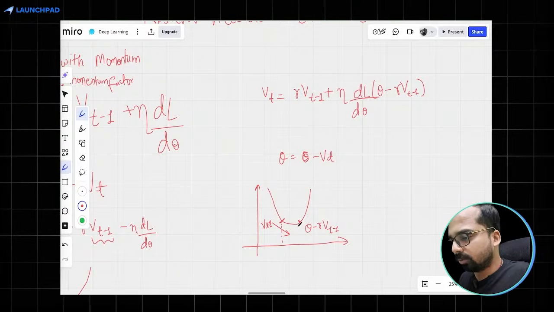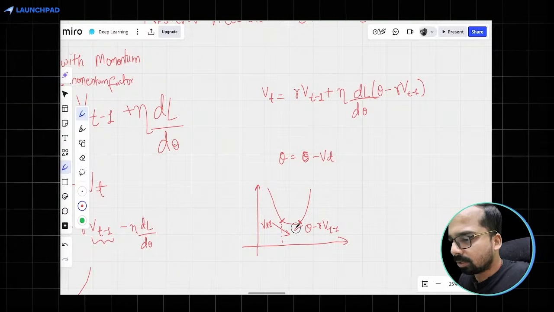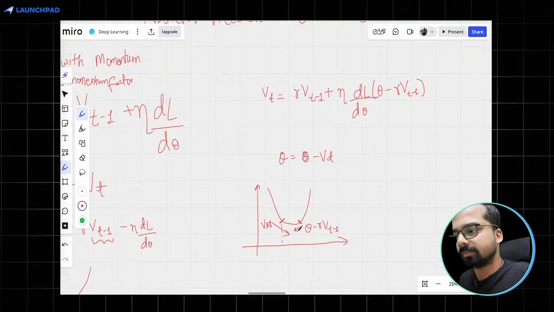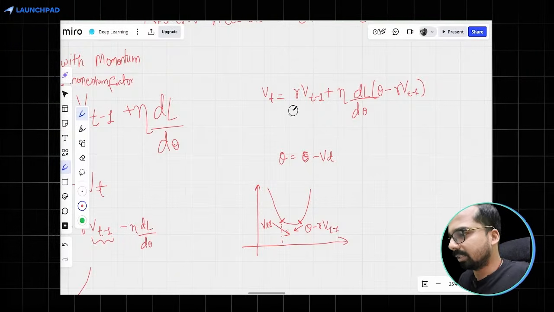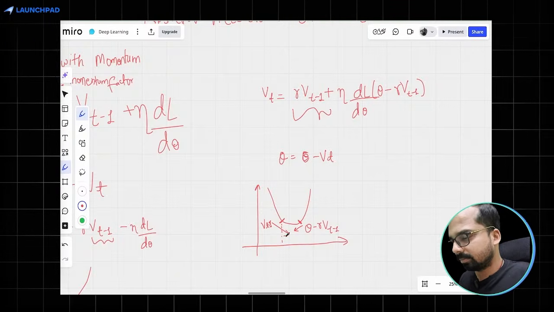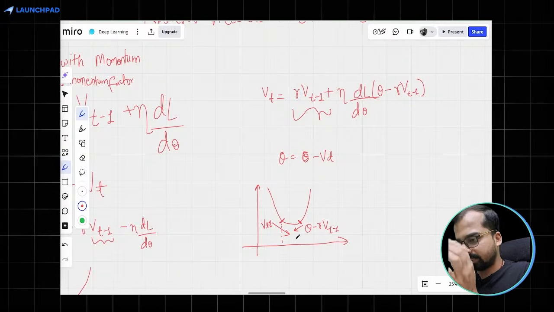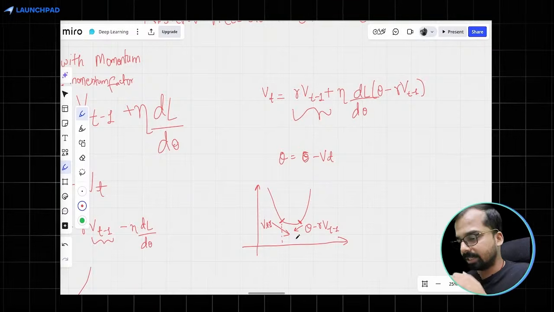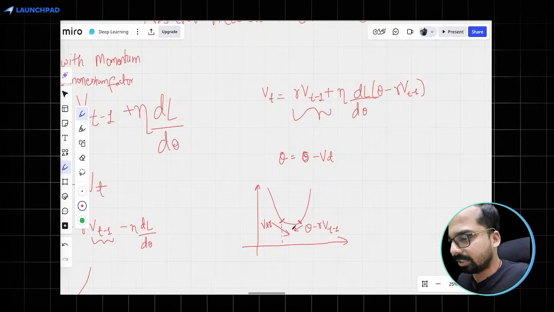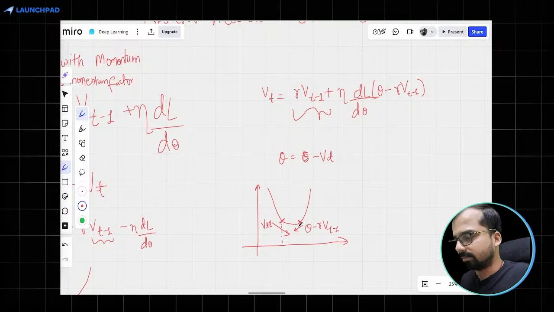At this point, the slope is actually a small negative. Here it was a positive slope and a large number, while here it is a negative slope and a small number.